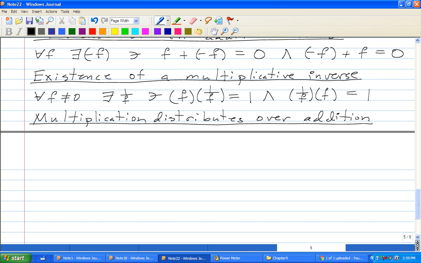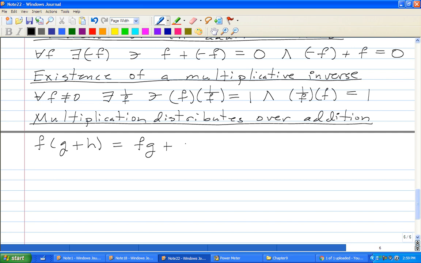So if you have any functions f, g, and h, then f times the quantity g plus h, f times the sum of g and h, is just equal to the sum of the product of f and g and the product of f and h. And so these are the field properties which we gave back when we were talking about numbers back in section 1.1, or well, back in the first chapter.